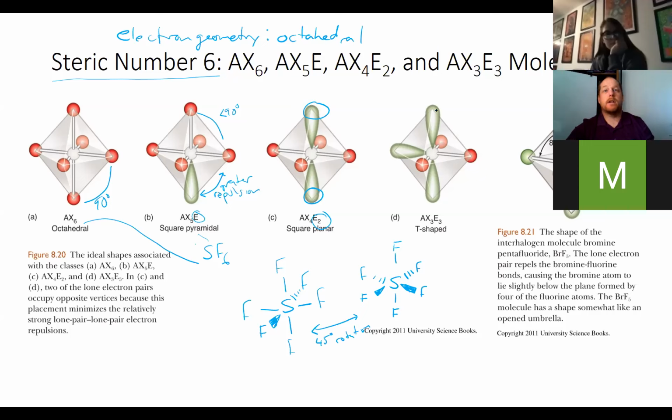If you put the third one on, it doesn't matter where the third one goes. The first 2 are going to be opposite. The third one can be at any of those positions. And when you get the fourth one, it would be in that 4th position. So those are the basic shapes that you get there. And each time the bond angles are going to be influenced by the positions of those lone pairs.